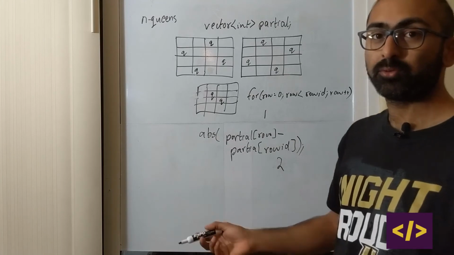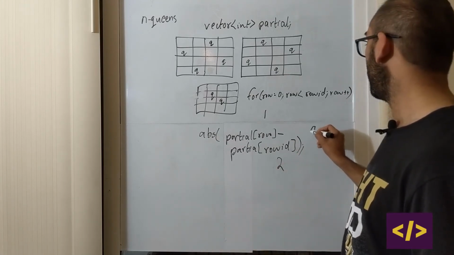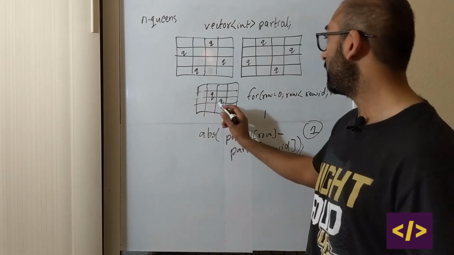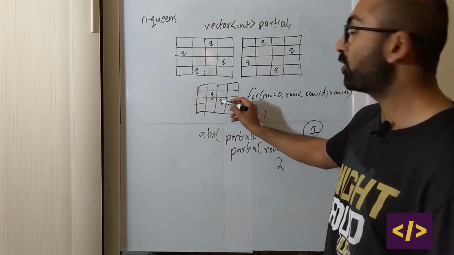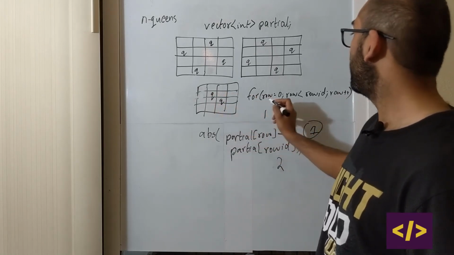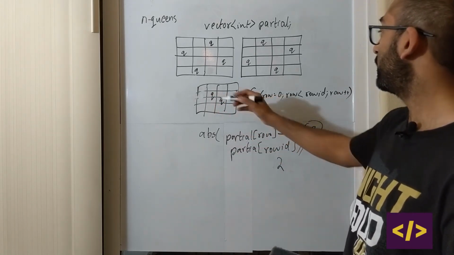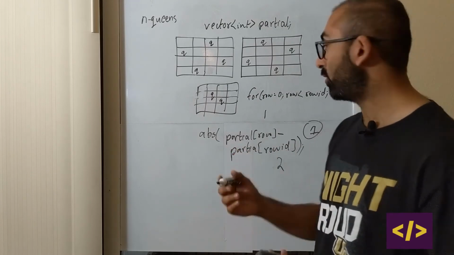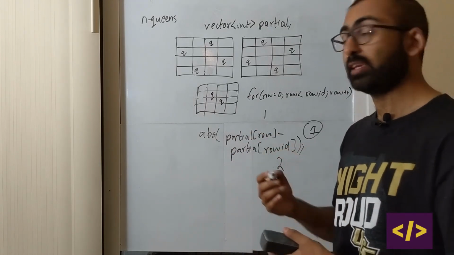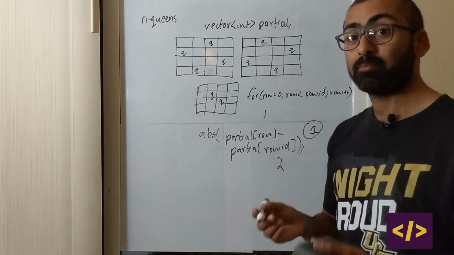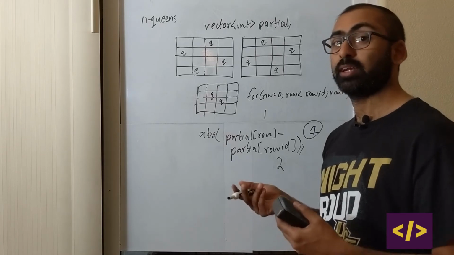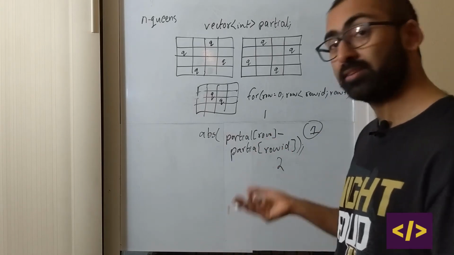So 1 minus 2, the absolute value would be 1. Now you're going to check if the difference between the current row you're checking and the row you previously looked at is equal to this difference. If so, that means it is a diagonal.